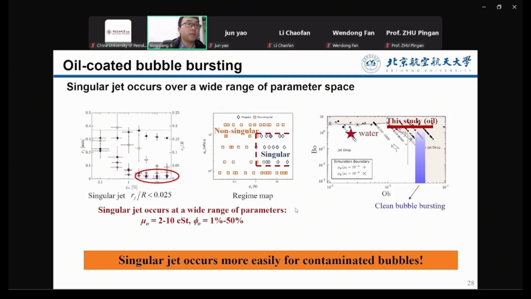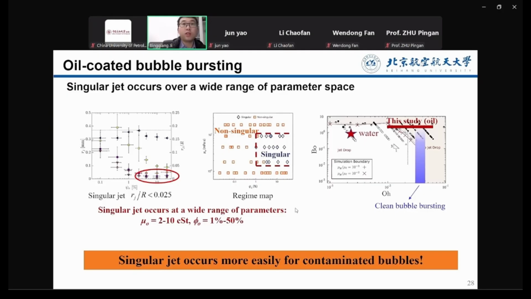And you can see that the singular jet happens over a very wide parameter range. Note here we use log coordinates. So the singular jet happens for oil with viscosity from 2 to 10 centistokes, and when the oil fraction is larger than 1%, you can generate this singular jet.